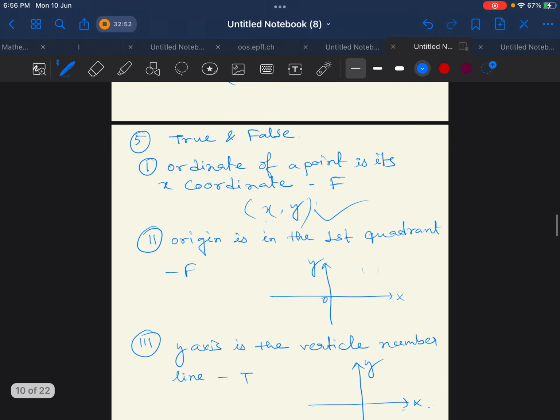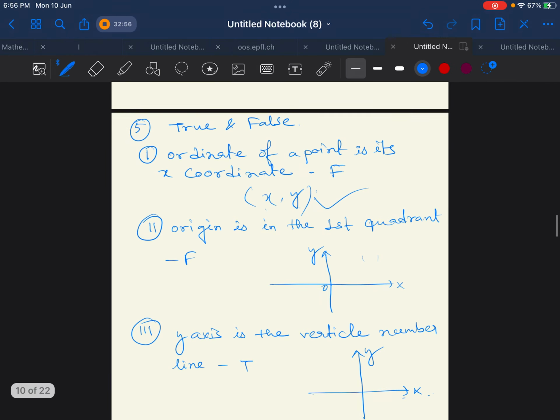Now question 5. True and false. First question, ordinate of a point is its x coordinate.